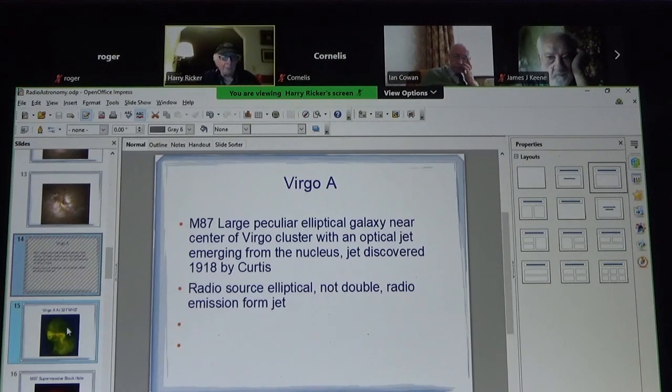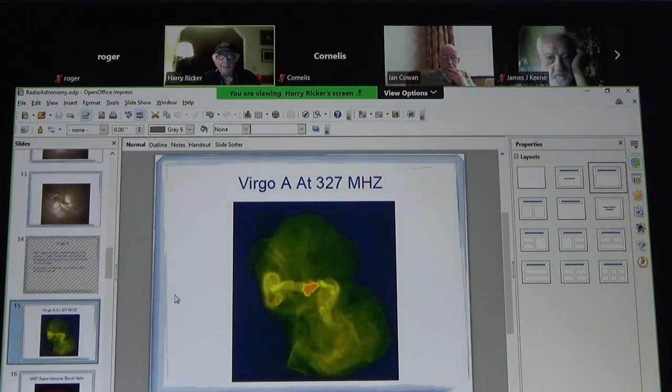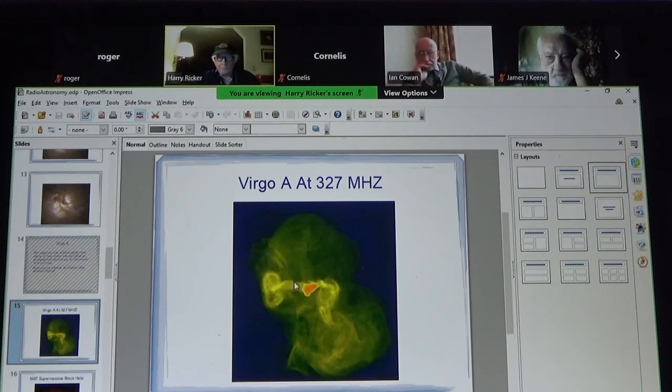Here's a picture of it, and it's not a double radio source. When they first started looking at it, it looked to them like just an elliptical source. With better techniques than we have today, we can see a lot of structure in the center.